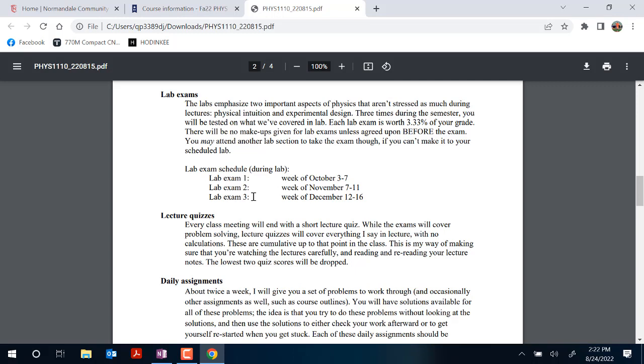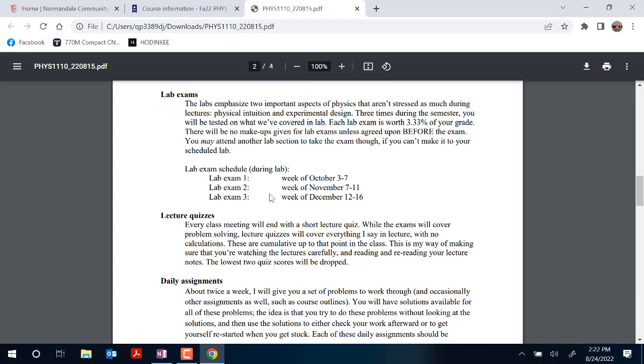The labs are sort of separate from that, and what I'm really trying to emphasize is intuition about physics, like what is going to happen if you have a thing on a string, and sort of related to that pre-test that you took in your first lab, like you have something on a string spinning around, you cut the string.